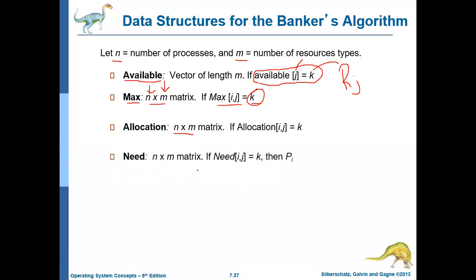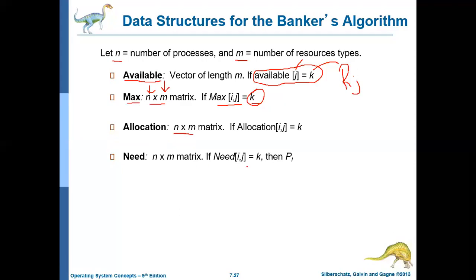And there is another data structure which is need. So this is also an n cross m matrix, where n is the number of processes and m is the number of resource types.